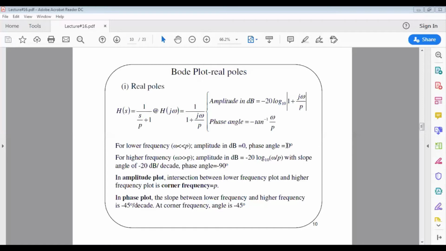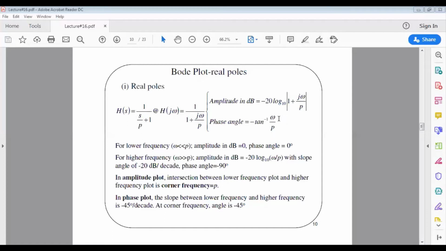Okay, and for the higher frequency, where omega is much bigger than p, for the amplitude plot we can ignore the value of 1, because omega is much bigger than p, so we only consider the term j omega divided by p. So the amplitude will be negative 20 log omega divided by p.